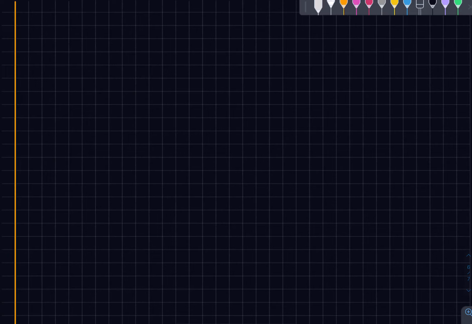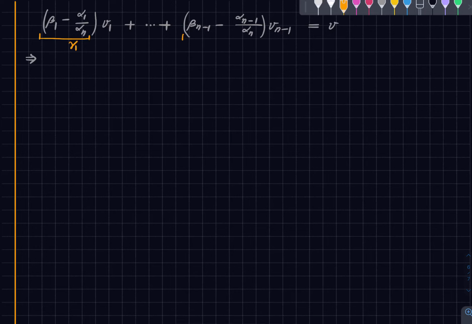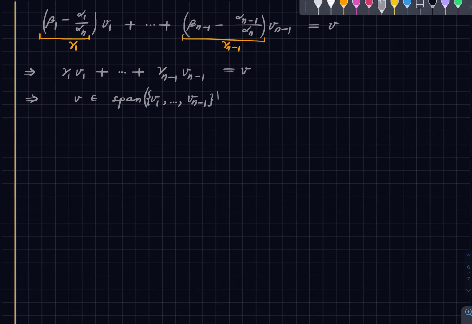So from the last equation, what we see is beta 1 minus alpha 1 by alpha n times v1 plus dot dot dot is equal to v, which implies if we call these gamma 1 up to gamma n minus 1, these are all scalars, so we get gamma 1 v1 plus dot dot dot gamma n minus 1 vn minus 1 is v, which is to say v lies in the span of that, and since v was arbitrary, this proves the claim and hence brings us to the required contradiction, and we are done.